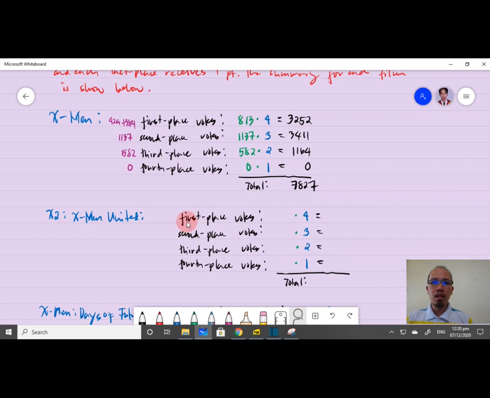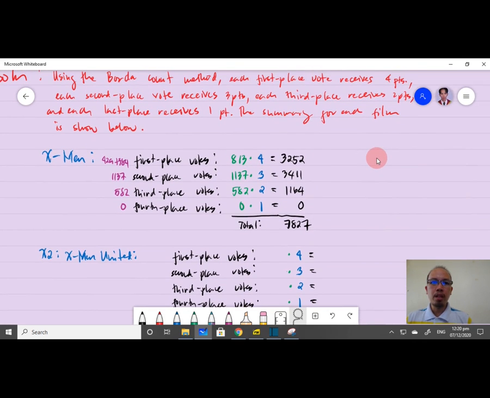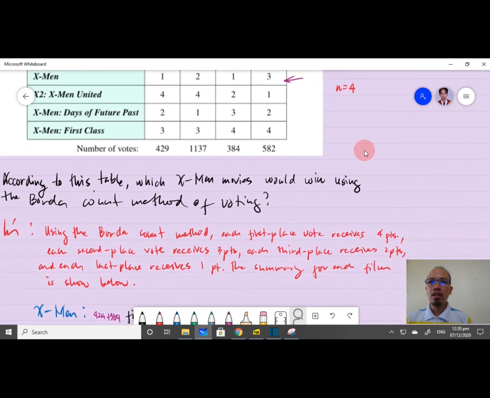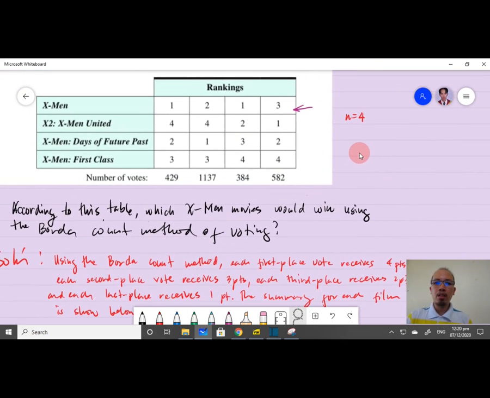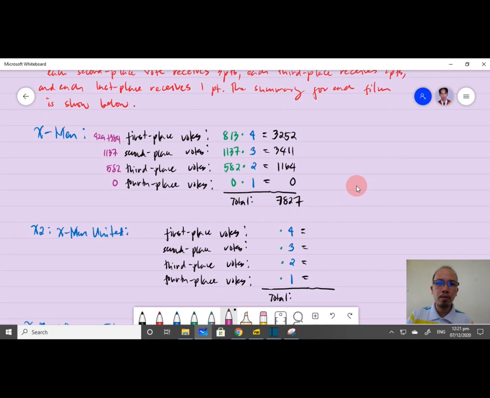I've already made a copy of what I did in the first computation, this one here. So let's now look at the row for X2, X-Men United. Let's compute somewhere here. I guess the first place is this one, so 582. Second place, we have 384.